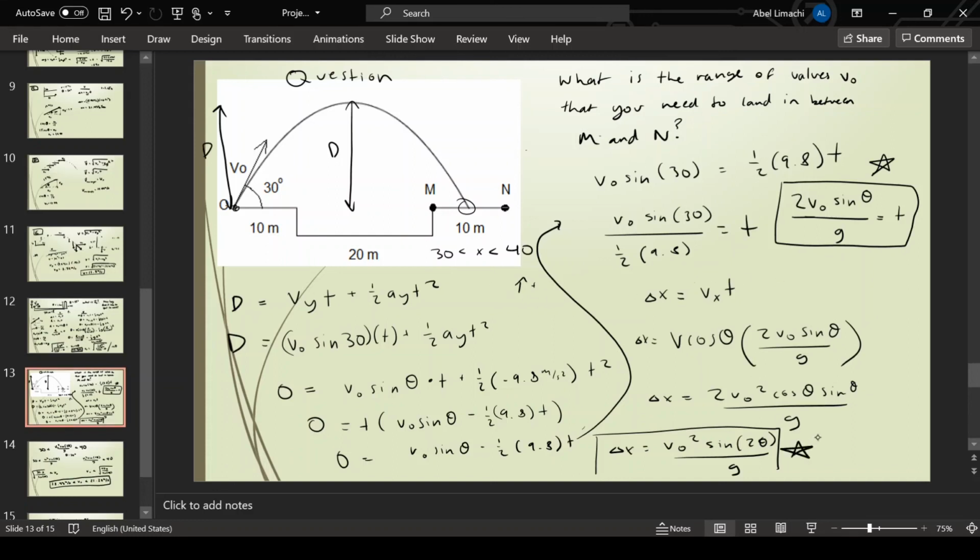Now, these two equations, I wouldn't memorize them because you could solve for them and figure it out. But if you do happen to memorize them, now I'm not saying you should because it's a cheap shortcut, but it's a very useful cheap shortcut. It will save you a bunch of time. So use these at your own risk, because if you memorize these and only use these, you tend to forget completely the whole concept of projectile motion.